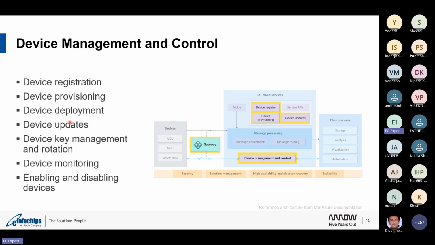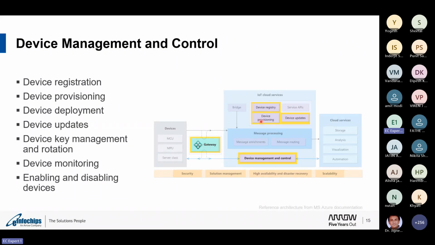And then you have the deployment of the device. So what it means is that it's a process of installing the software onto the gateway. So once you have the device registration and device provisioning being established, you actually also provision the gateway with the IoT Edge runtime so that it can communicate back to the cloud.